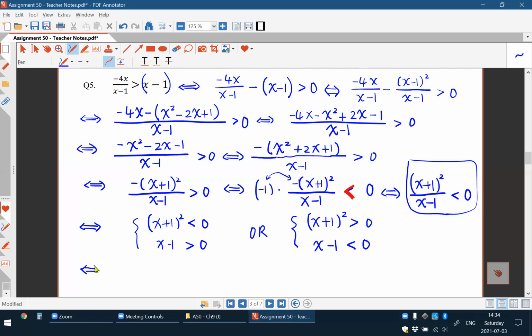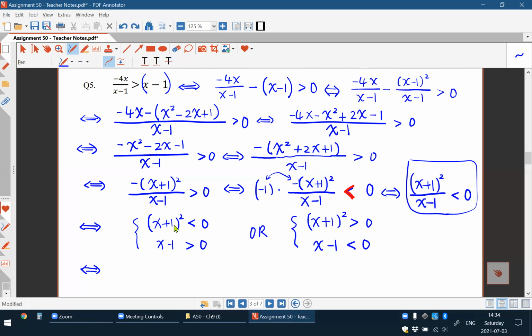And then we can solve these two sub-questions separately. For the first sub-question, (x plus 1) squared is smaller than 0. Does such x exist, for something squared to be below 0?